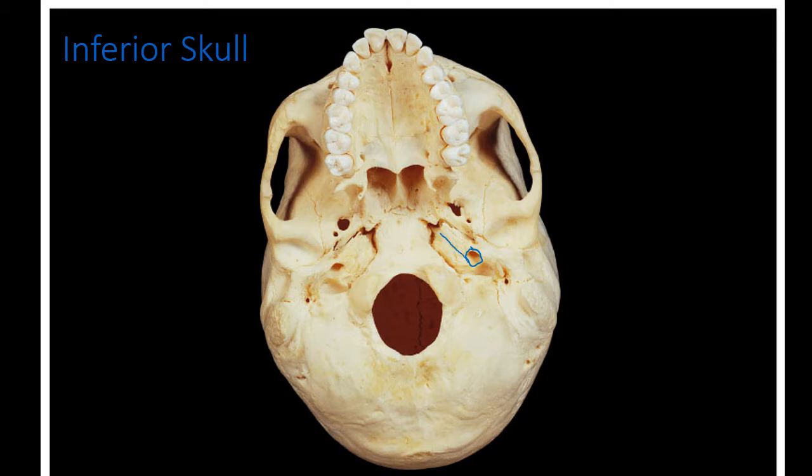It actually runs this way, and it's going to open up to the inside of the skull in the foramen lacerum. So we'll see it there inside the skull as well. Other structures that we can still see here, we still have the mastoid process. We can see a little bit of the styloid process there as well on the inferior view.